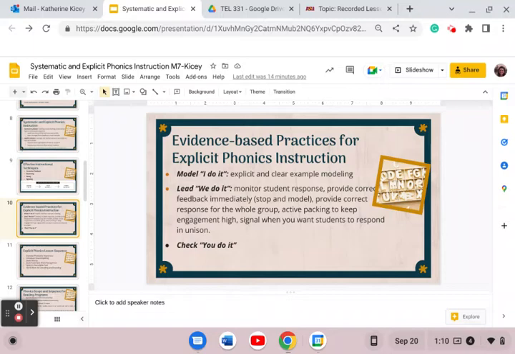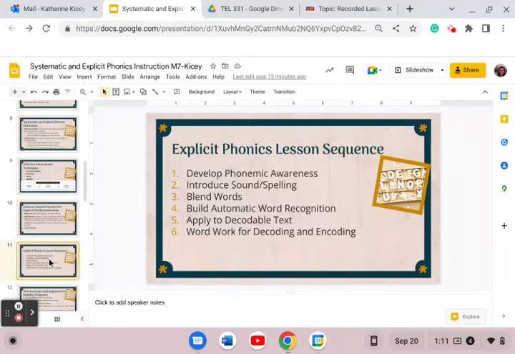It's so important that you're modeling, leading, and then checking. And this is something that's repeated over and over again. And you could see in every single part of that video that we watched, that child was having a chance to see the model, the lead, and the check. So I do, we do, you do is going to be throughout explicit phonics instruction.